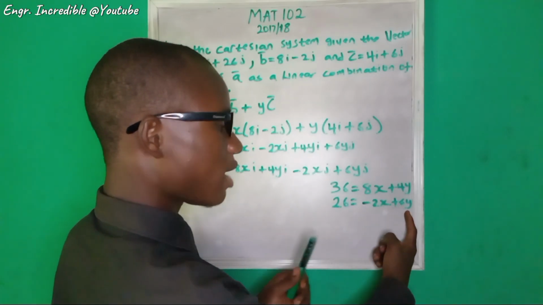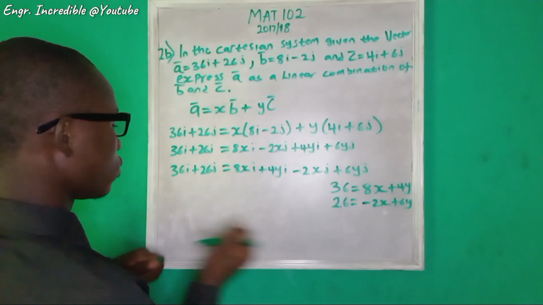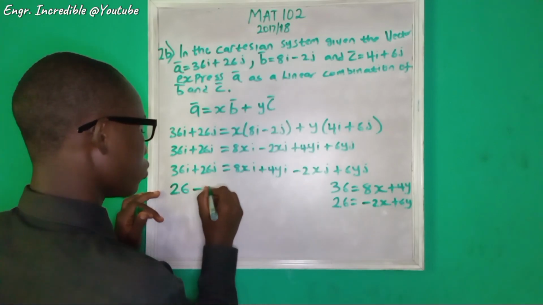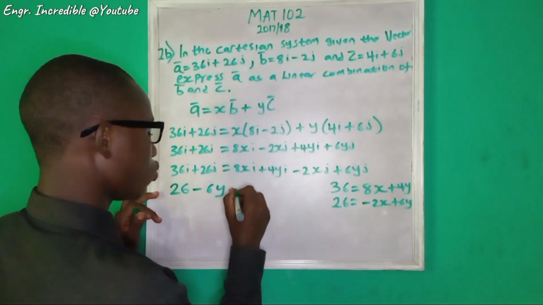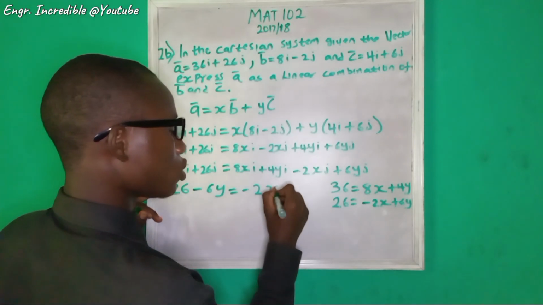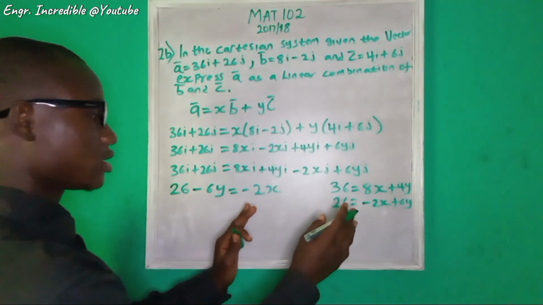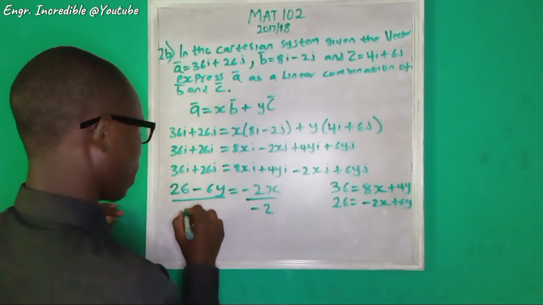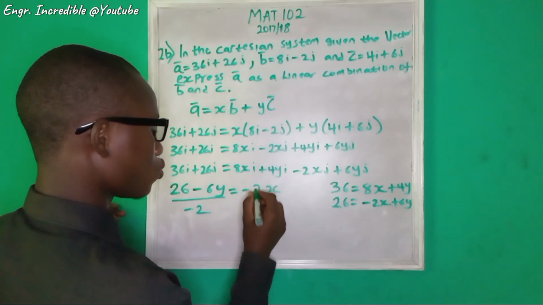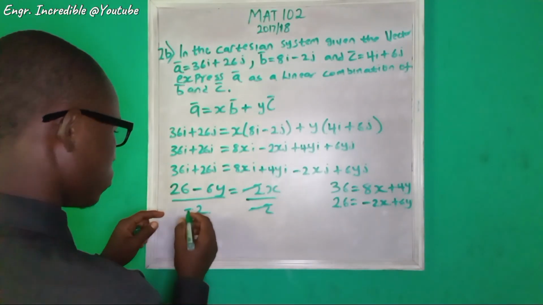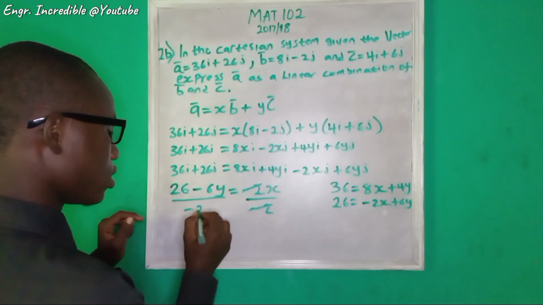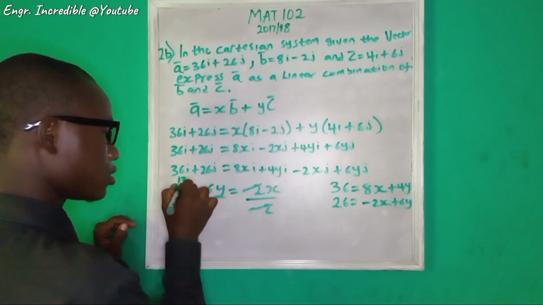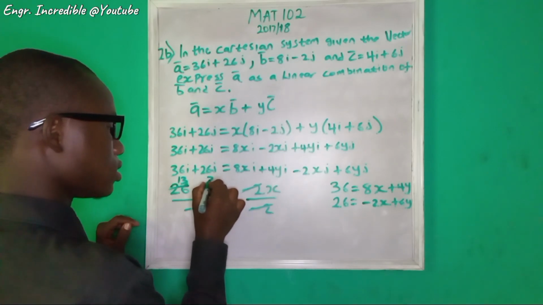So I'll be bringing my 6y to this other place. We have here 26 minus 6y equals minus 2x. So that is it now. Divide both sides by minus 2. Minus 2 cancels this minus 2 here, while the minus comes here. 2 in 26 is 13, and 2 in 6 is 3.